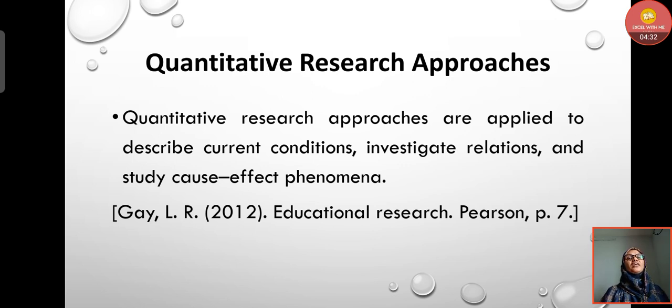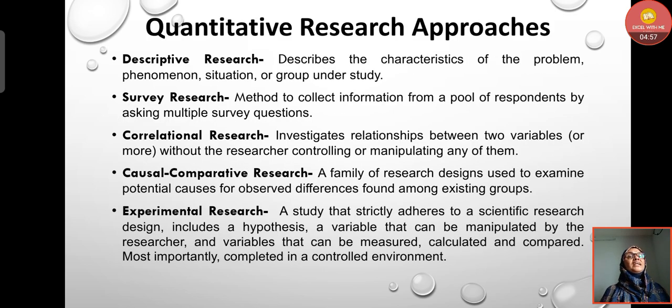These are applied to describe current conditions or investigate relations, maybe between emotional intelligence and academic achievement, where if there is any relationship in between, and also to study cause-effect phenomena. What is the cause of this? If it is a thing, then what are the effects of that? Let's understand quantitative research approaches quickly.